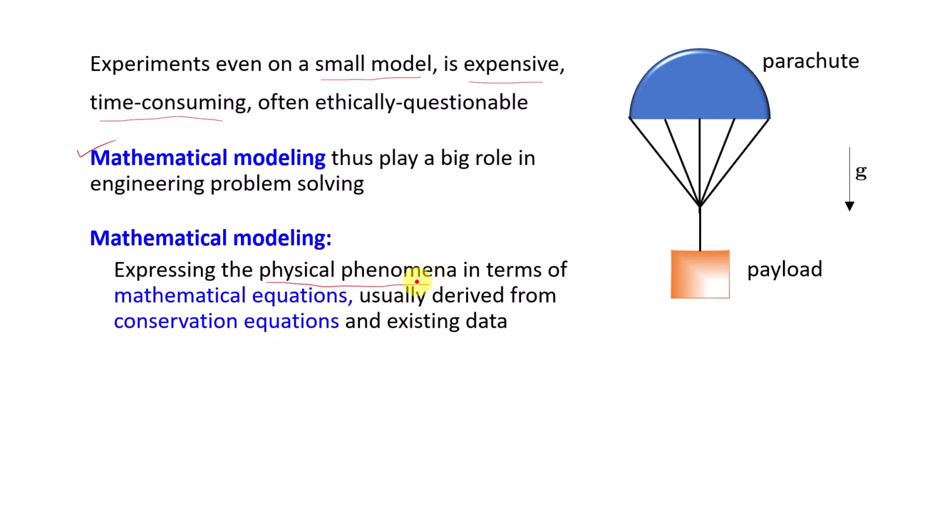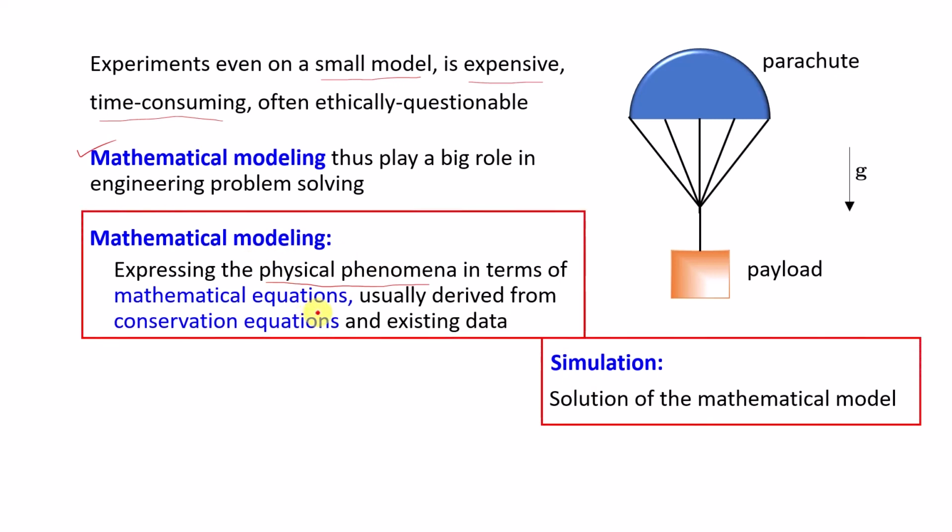Once we create the model, we can forget about the physical phenomenon and we can try to solve this model, and that part we call simulation. In simulation, we solve the model equations. Together, this mathematical model and its simulation are at the heart of engineering and of design, and this is closely connected to numerical methods because simulation will often require numerical methods.